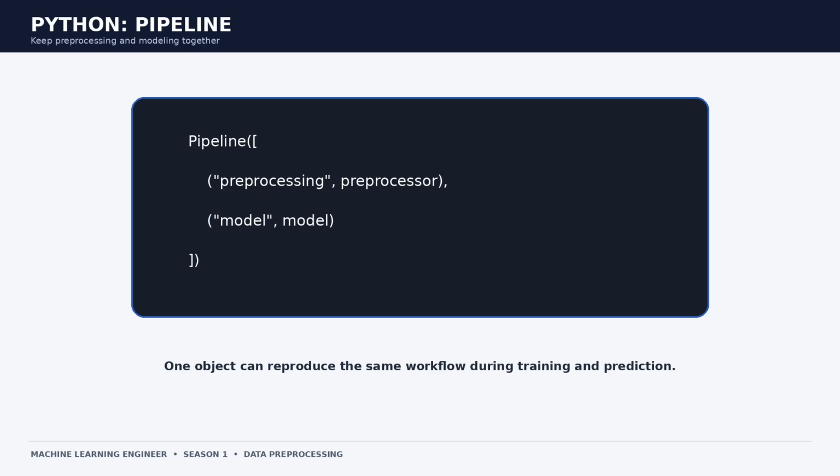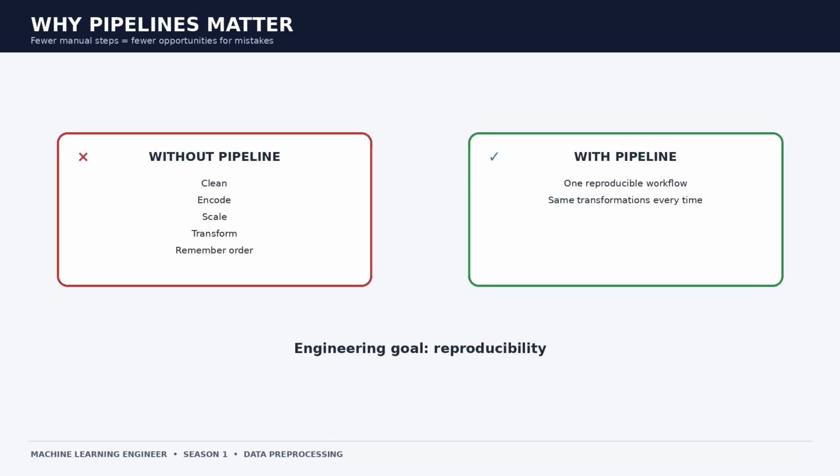This is powerful because the same sequence of transformations can be applied consistently during training, evaluation, and prediction. Without a pipeline, it's easy to accidentally apply steps in the wrong order or forget a transformation. A pipeline makes the process reproducible. This is one of the differences between experimenting casually with ML and building an engineering quality ML system.